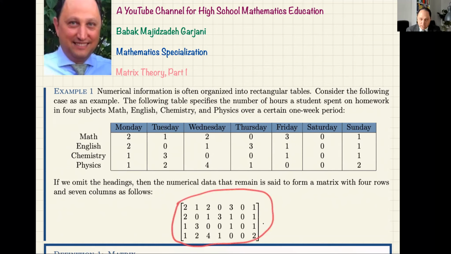So what at the end is important is the numbers that you collect in this rectangular object. If you have a rectangular array of numbers, that rectangular array is called a matrix. Yes, as simple as that.